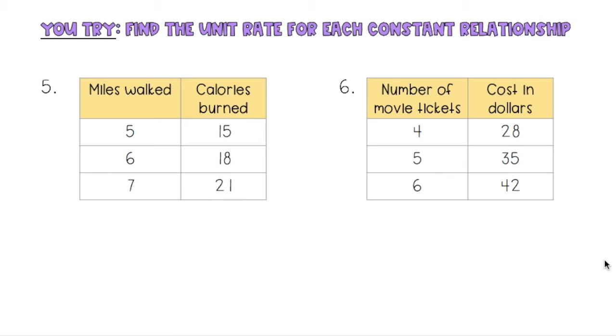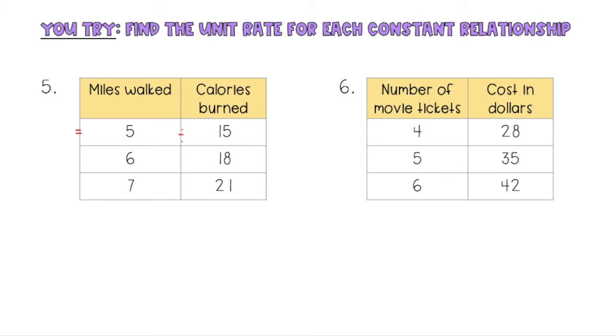Now you try. Find the unit rate for each constant relationship. For number 5, we're going to divide our calories by our miles walked.